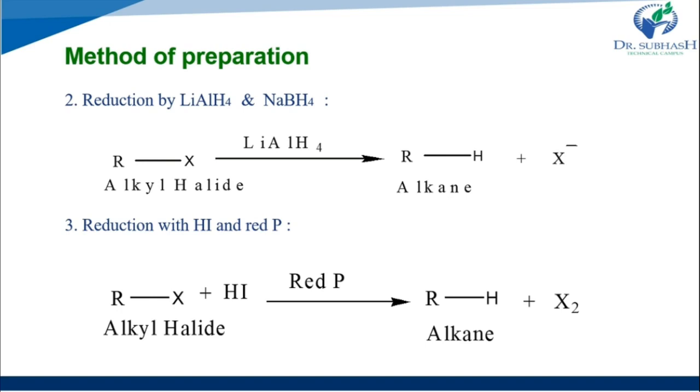Alkyl halide plus lithium aluminum hydride makes an alkane and removes the halide atom. The third method is reduction with HI, hydrogen iodide, and red P. Alkyl halide plus HI in the presence of red P makes the alkane, and two halide atoms are liberated.